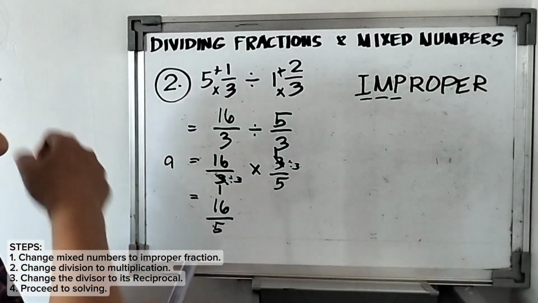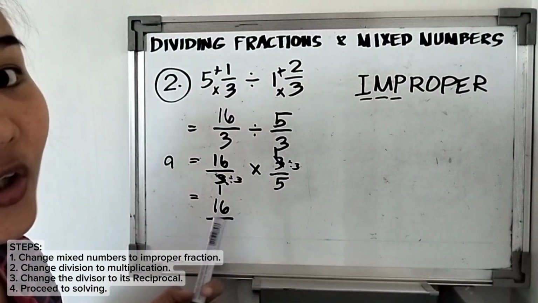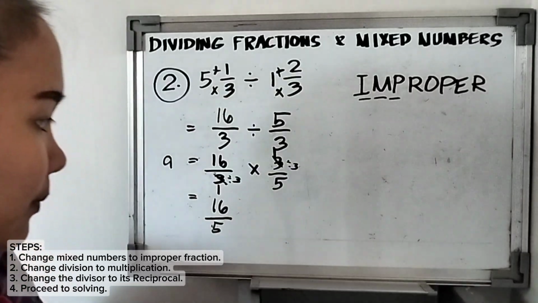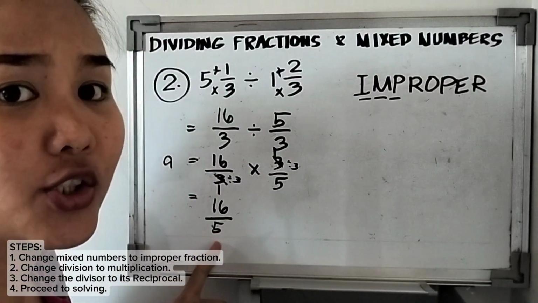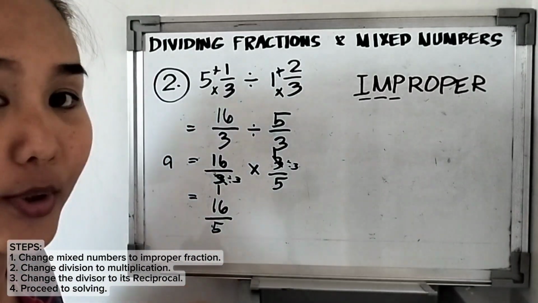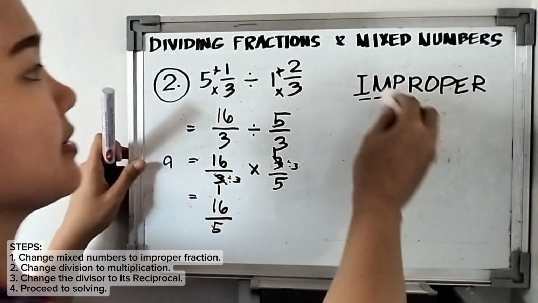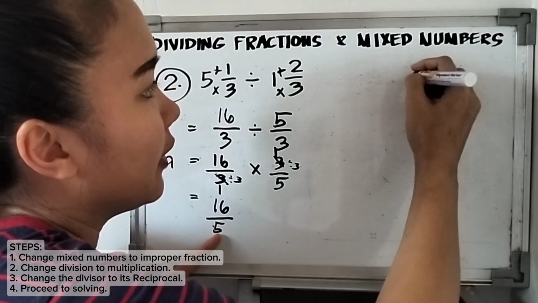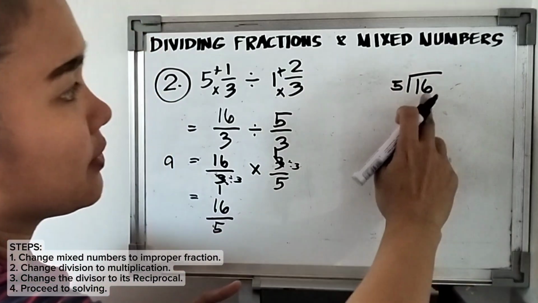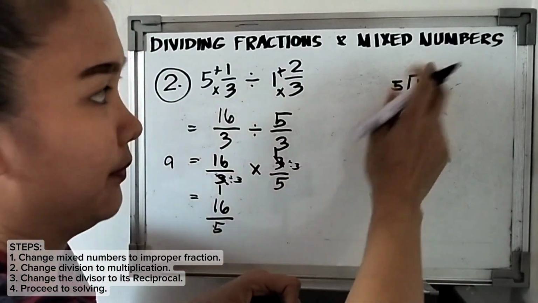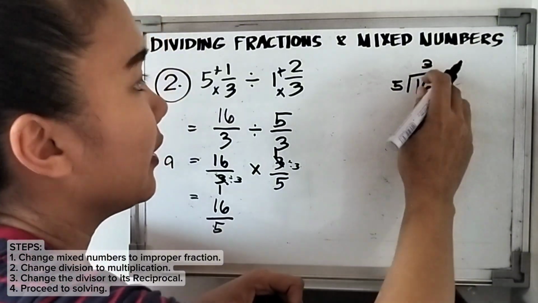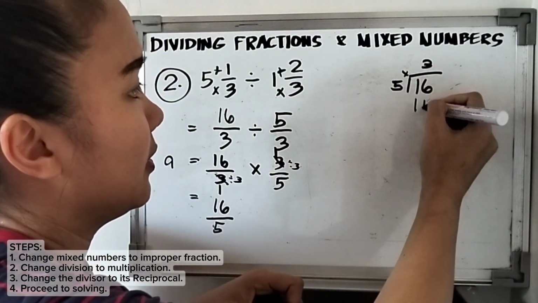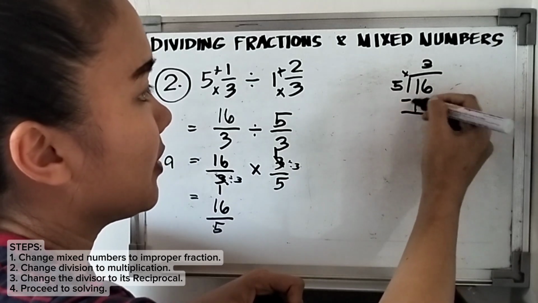And now, because it's an improper fraction, you are going to change it to a mixed number in its simplest form. How do we change improper to mixed numbers? Easy. 16 over 5 can also mean 16 divided by 5. That's 3, and 3 times 5 equals 15. 16 minus 15 equals 1.